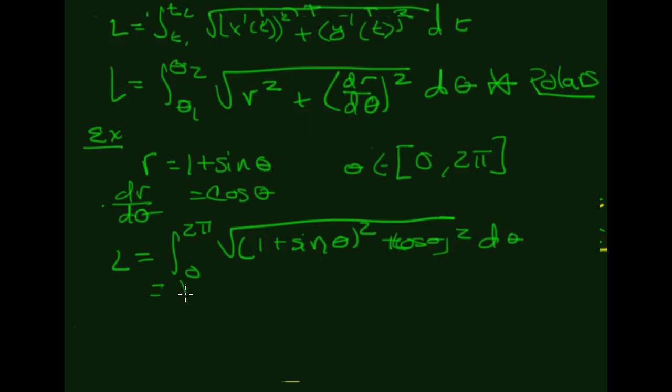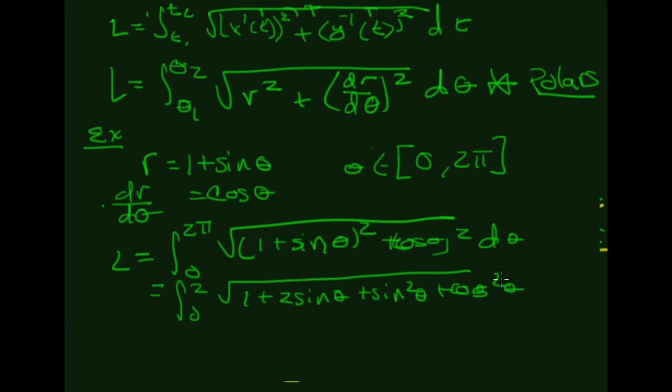So this becomes the integral from 0 to 2 pi of the square root of 1 plus 2 sine theta plus sine squared theta plus cosine squared theta d theta, which that's just 1.